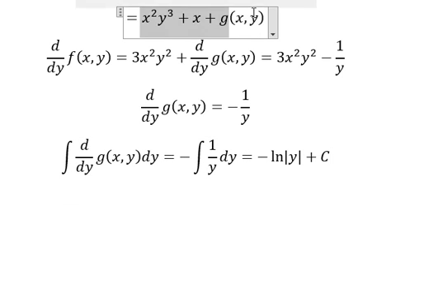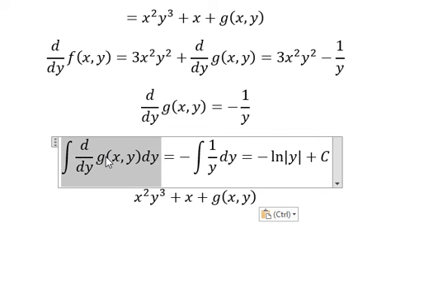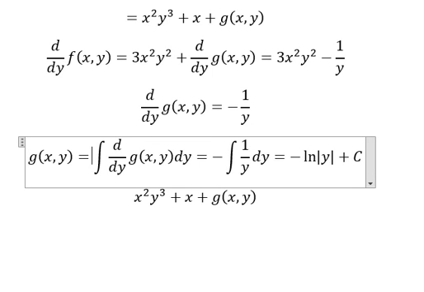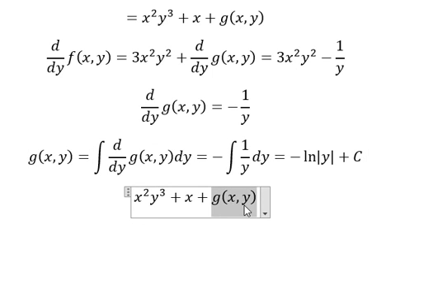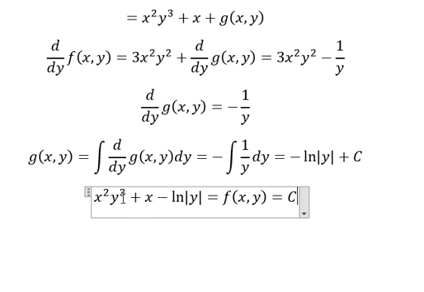Now we go back in here. The integration of this one gives us 3sy, so 3sy equals this one in here. And we know that this one equals f(s, y). f(s, y) equals c. And now we can simplify like this.